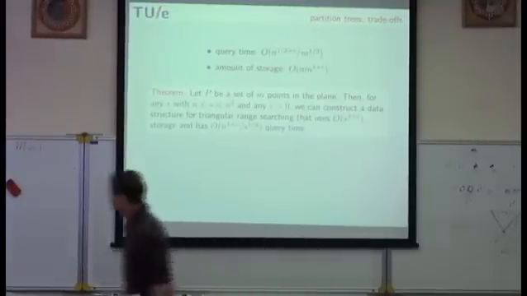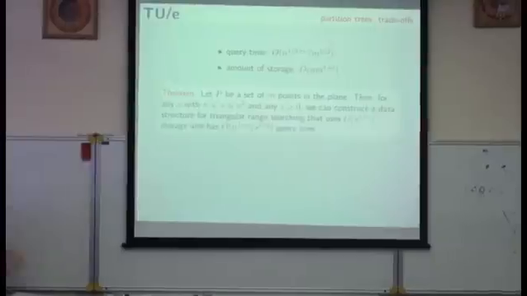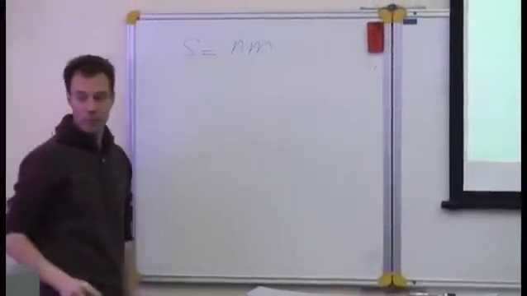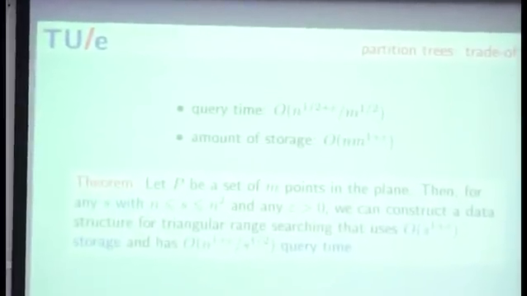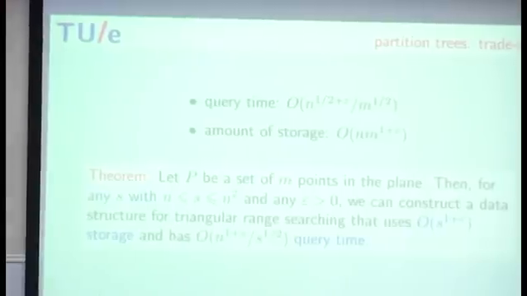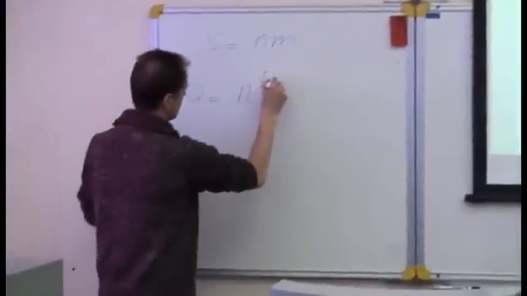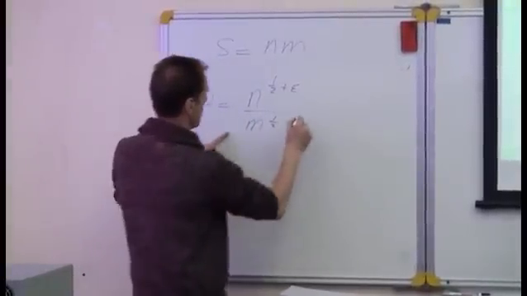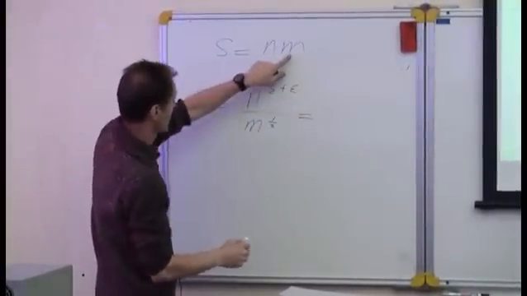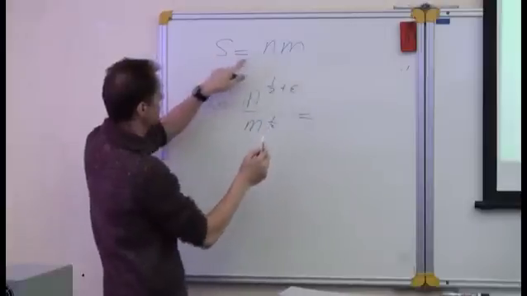So that's exactly the same bound, because I take S equals n times m. Then indeed I have S to the 1 plus epsilon storage. So what's the query time? Well, that was n to the 1/2 plus epsilon divided by m to the 1/2, and m equals S divided by n.